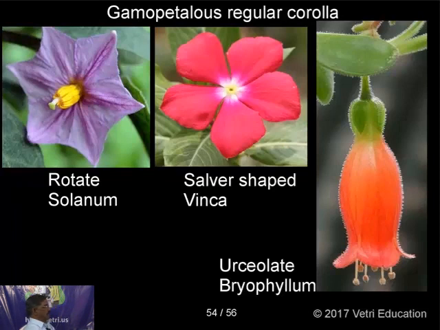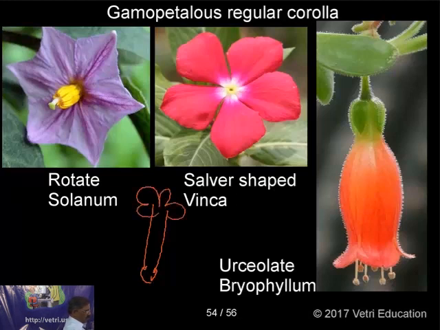And regarding the rotate, as I told you already, you can find Solanum. This is a rotate, a wheel-like flower, that is Solanum. And salver shaped, they are not clear. Actually, there is a long tube here, long tube in salver shape, in Vinca rosea, etc., and spread here. This is called salver shaped.